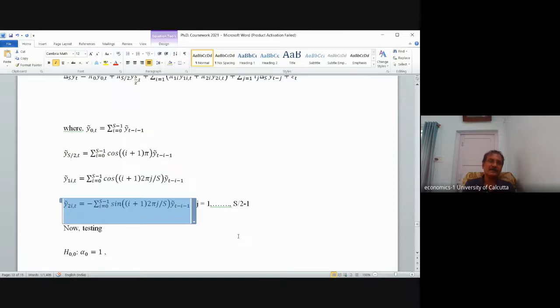Write it down for the quarterly series. একই রকমই হবে, সাইন দিয়ে আসবে with minus sign. So you can get the similar expression but in terms of sine function. Not earlier you have got the cosine function, now you will get sine function.